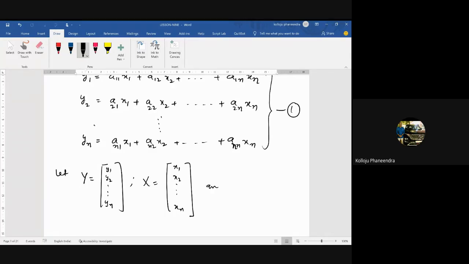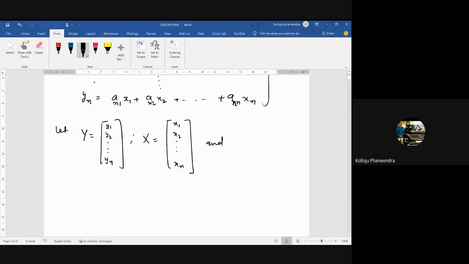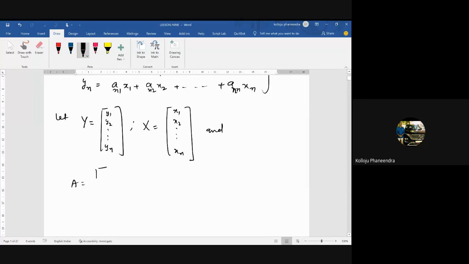And what is the coefficient matrix? A equal to the coefficients of x1, x2, xn: a11, a12, up to a1n, a21, a22, up to a2n, and lastly the nth row an1, an2, up to ann. This is a matrix of order n by n, and X and Y are n by 1 column matrices.